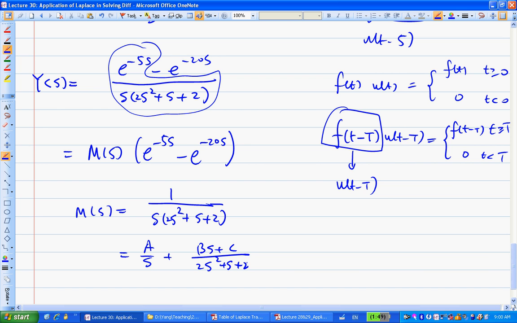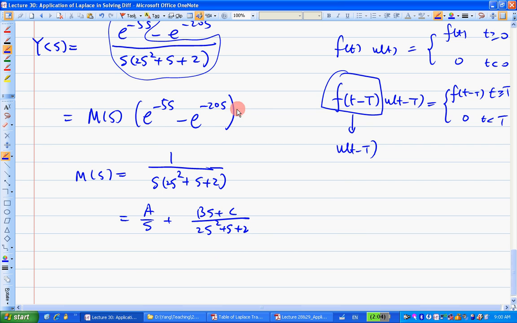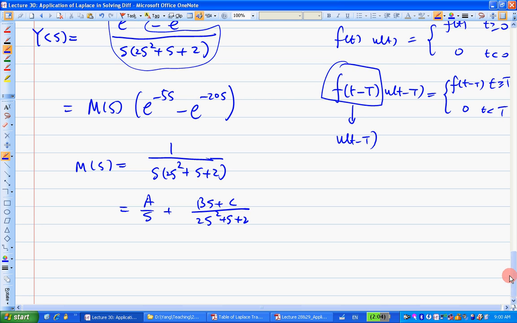I'm coming to that. So this is M of s, and you can easily find the inverse Laplace of M of s. But what we want is the inverse Laplace of Y of s. Now I have M of s multiplied by this, and M of s multiplied by this. Suppose we end up with m of t here.